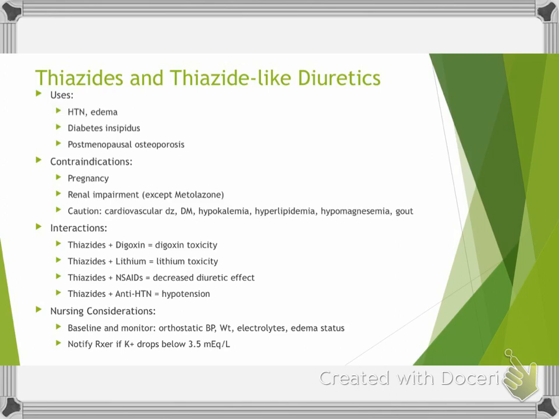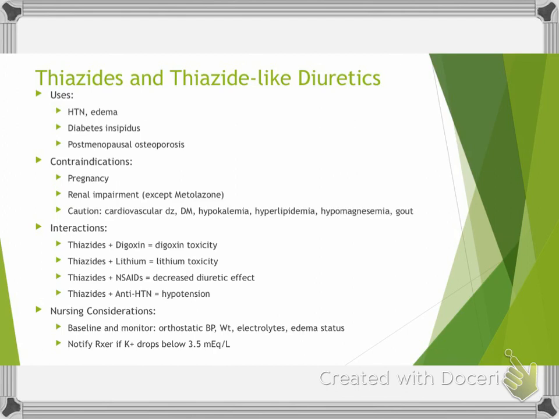Contraindications, pregnancy, it will decrease the maternal and placental blood volume, so we don't want to use it. Renal impairment, except for metolazone. Metolazone, actually you can use with a GFR as low as 10, so it's pretty special, with that it can be used with renal failure.